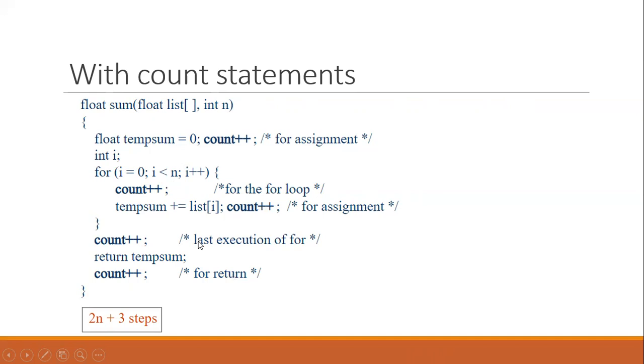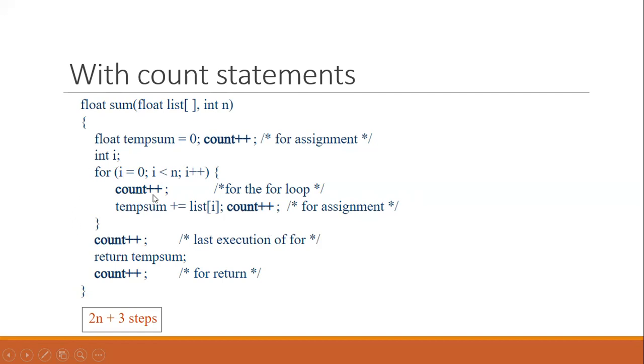So in this example, the first program step is this assignment statement. So count is incremented by 1 over here. Inside the for loop, to check the condition of the for loop, the count is incremented once. Again, inside the for loop, the count is incremented once for the assignment statement.